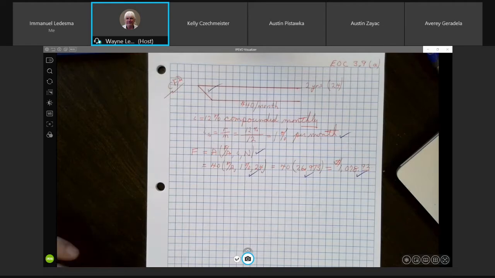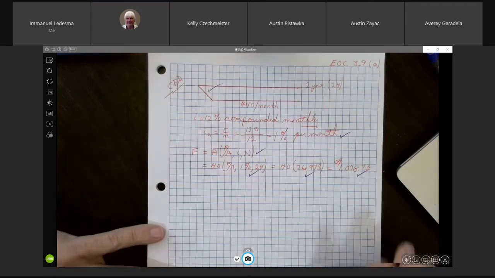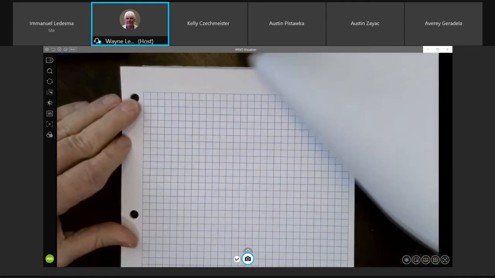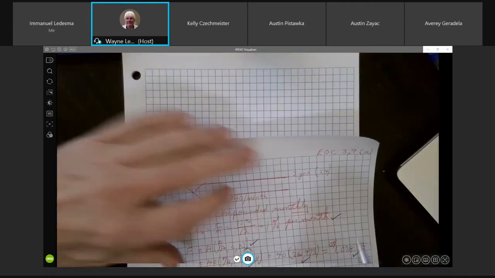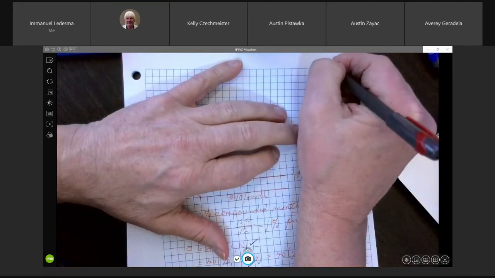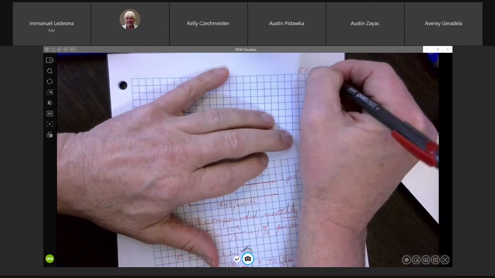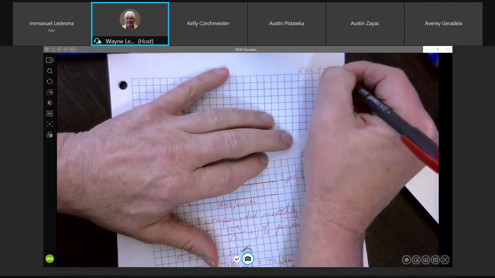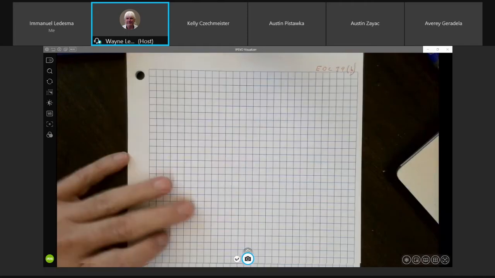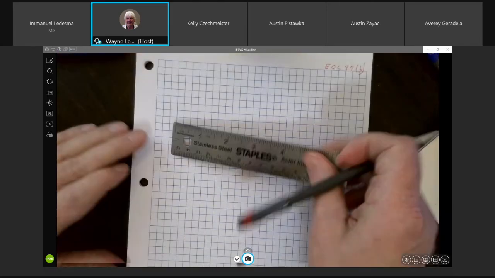Now, let's look at part B here. I'll keep them on separate pages. It just serves my purpose later. So I'm going to now do EOC 3.9B. Once again, this is a separate question.